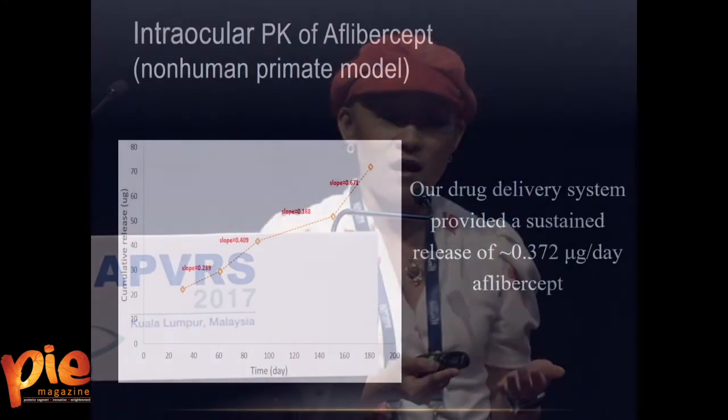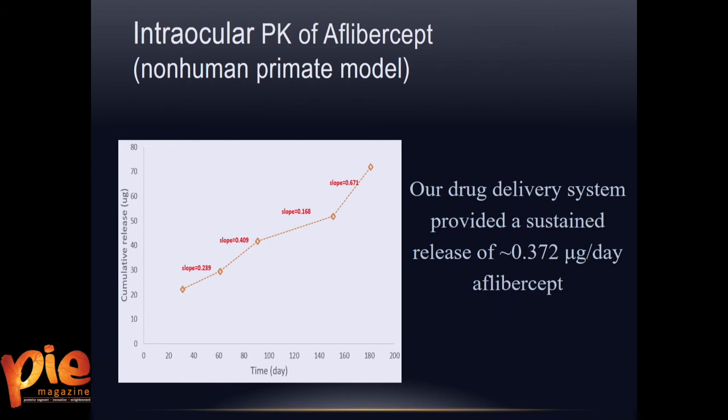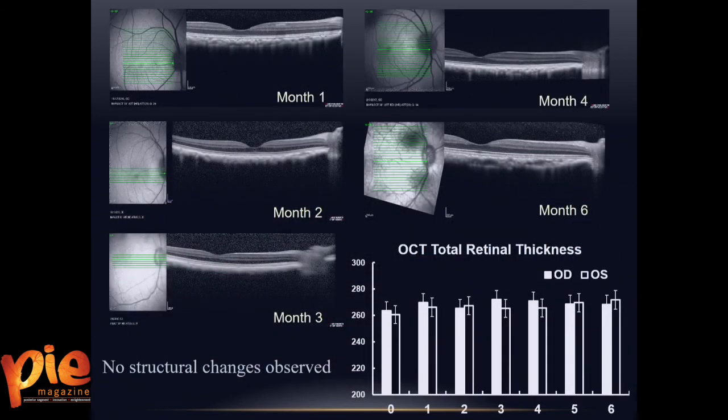We're now looking at non-human primate models to demonstrate further the efficacy of our system. We know that we can deliver over 6 months in the monkey eyes with a constant level of about 0.37 micrograms per day of aflibercept. We also looked at the safety. We injected these eyes and followed biweekly for 6 months, looking at the OCTs, ERGs, FAs and clinical exams.